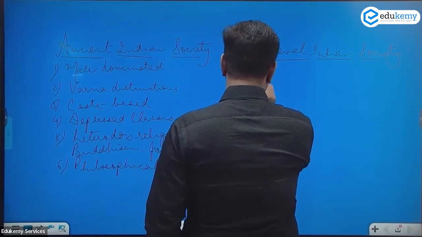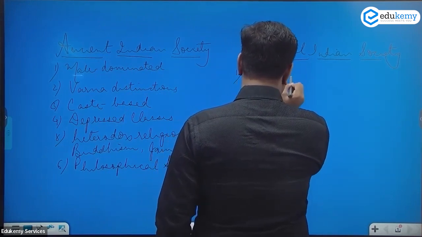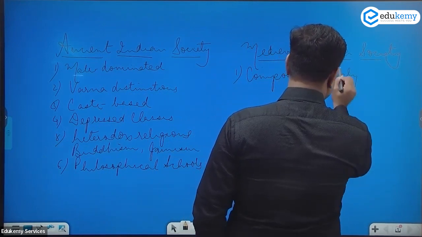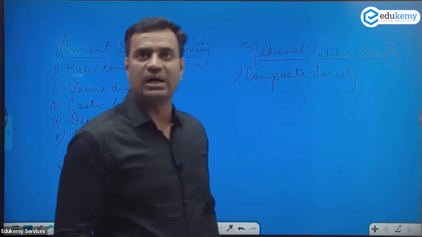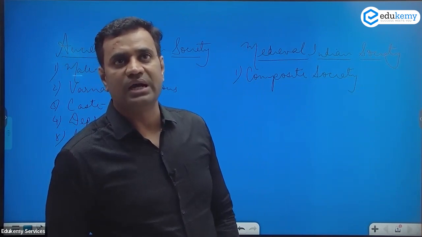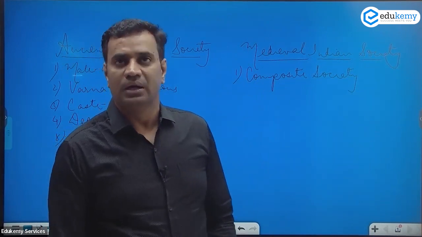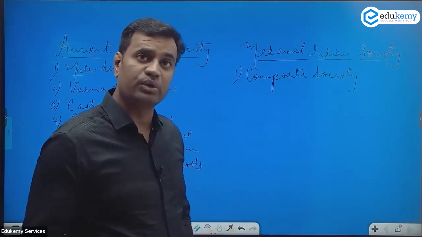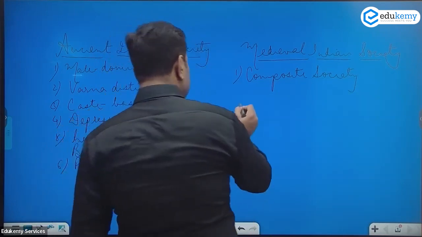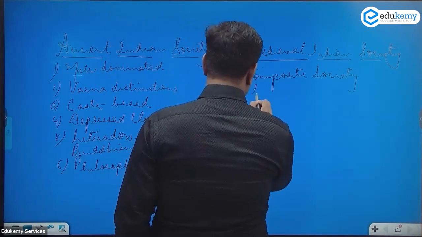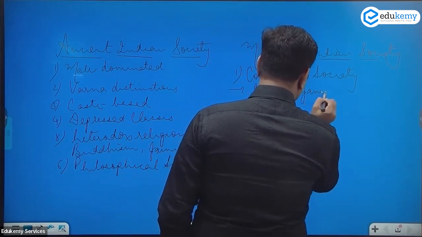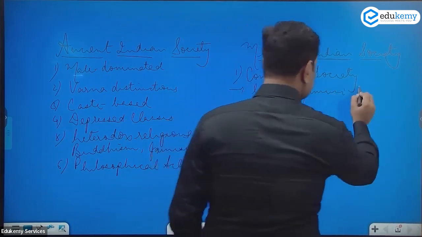So the first major development was that a composite society got established, and in this composite society both Hinduism and followers of Islam contributed significantly. This composite culture has continued even now, and it is also known as Ganga Jamuni Tehzeeb.